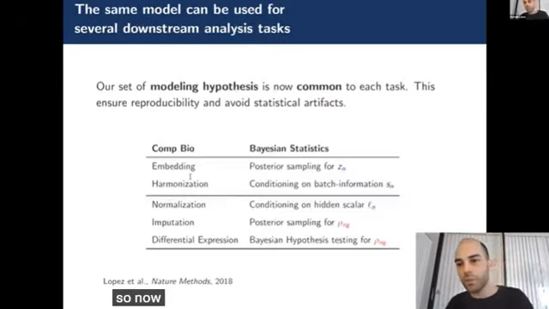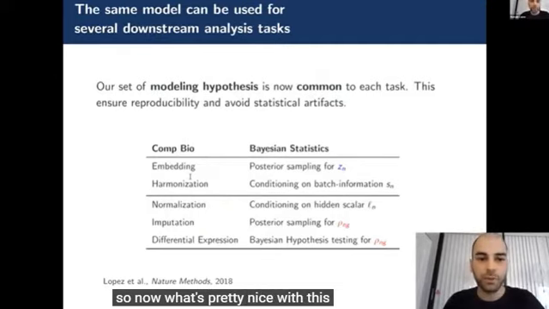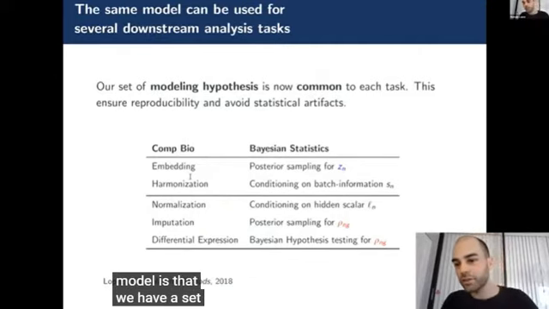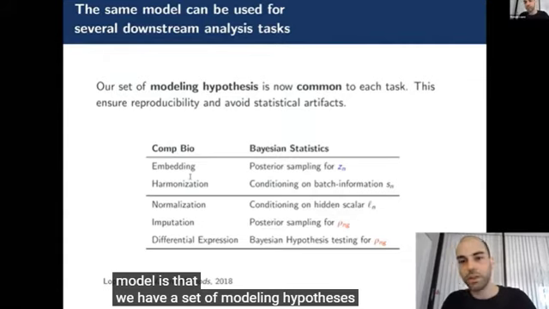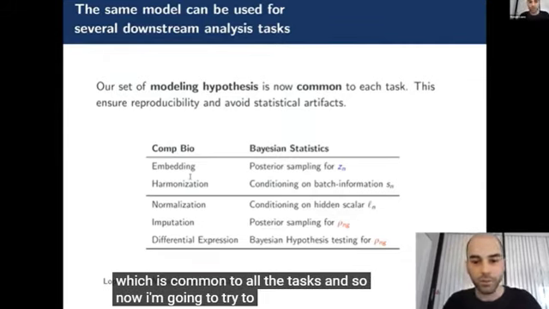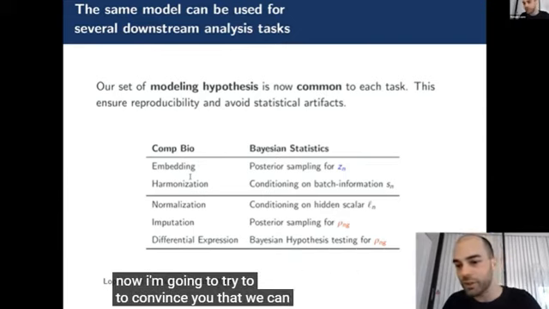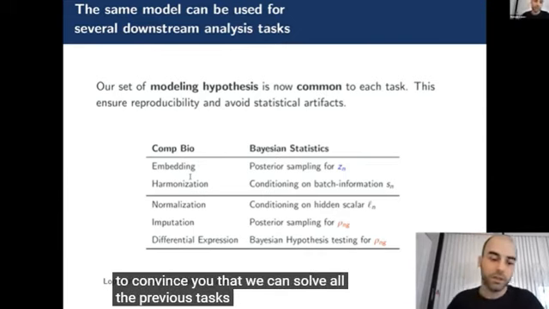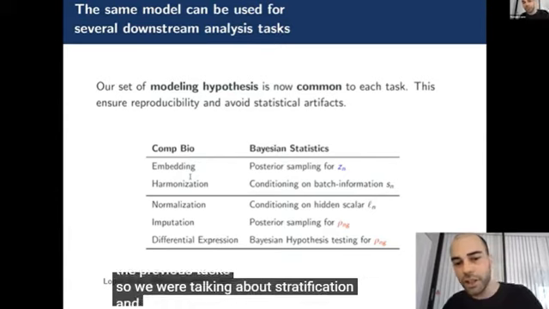So now what's pretty nice with this model is that we have a set of modeling hypotheses which is common to all the tasks. And now I'm going to try to convince you that we can solve all the previous tasks. So we were talking about stratification and embedding.